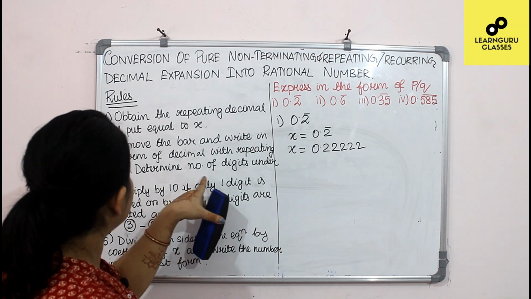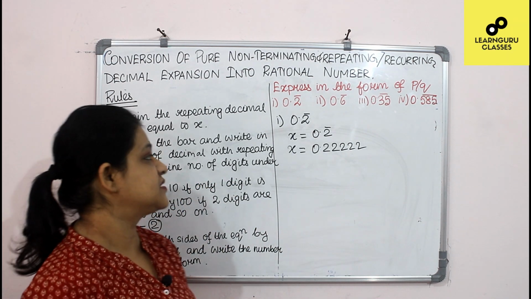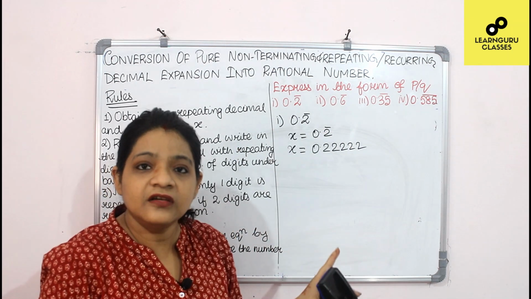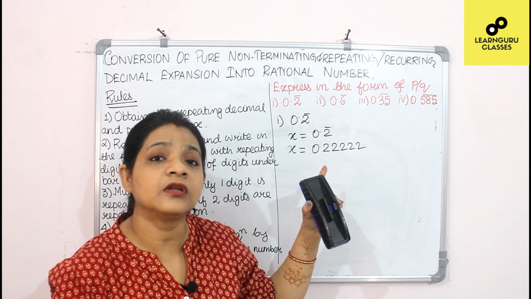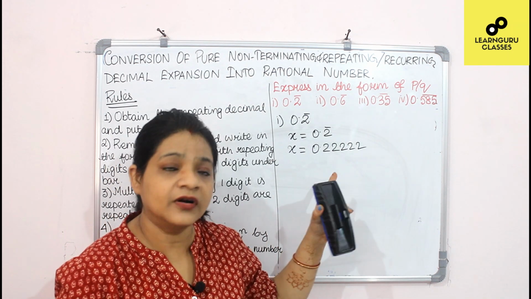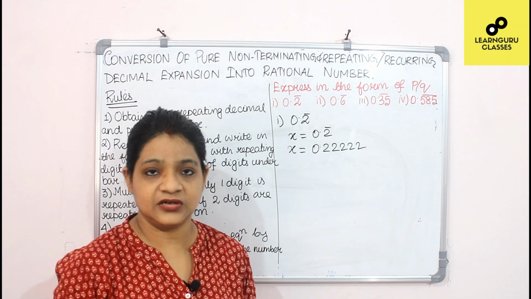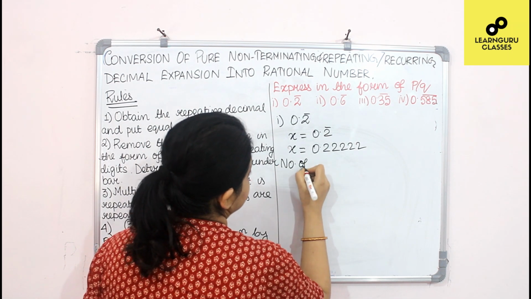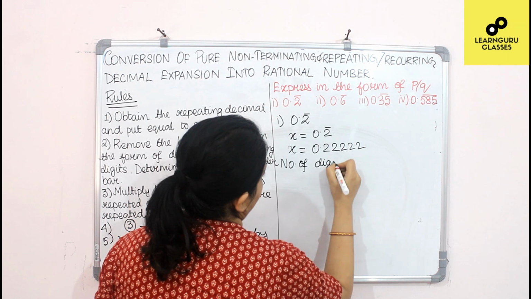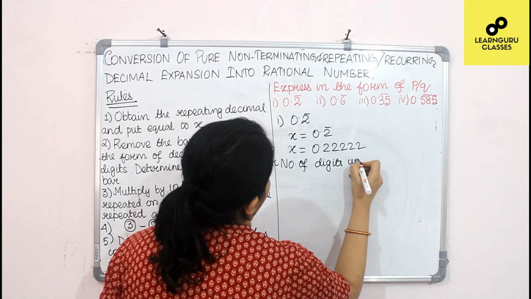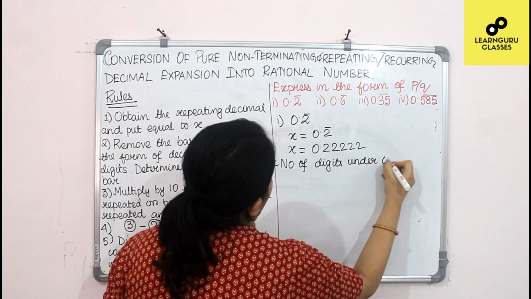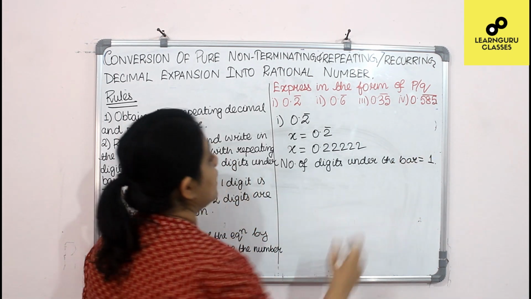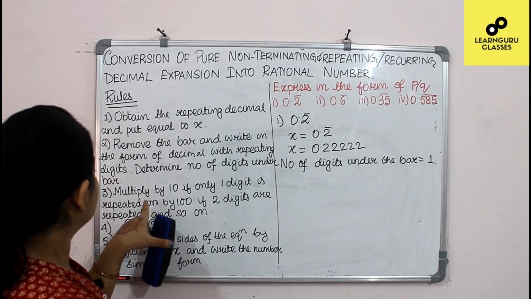Now determine the number of digits under the bar. You can easily see that only one digit is under the bar. So the periodicity is 1 here. Number of digits under the bar equals 1.